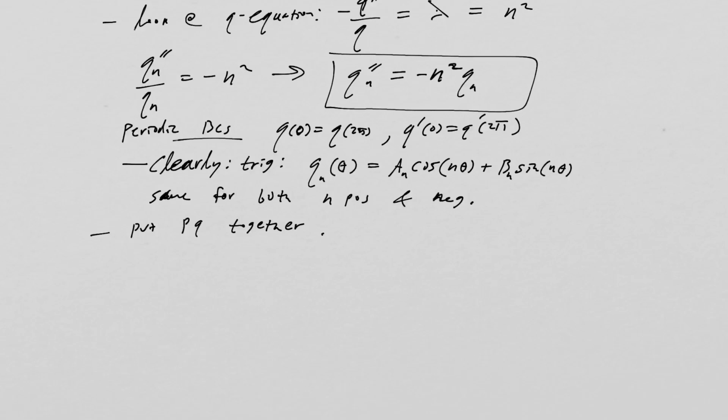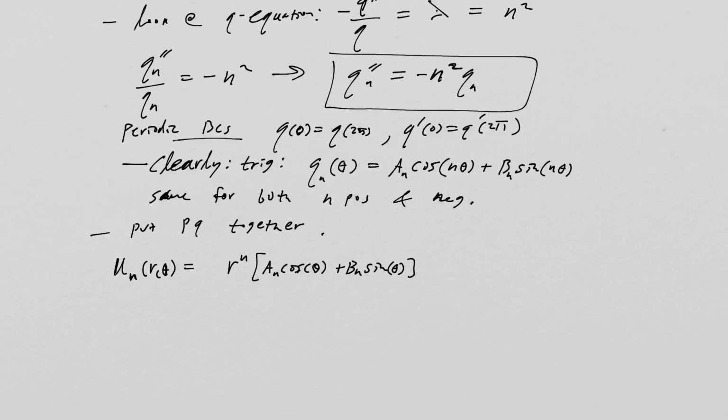So what we can do then is we have the following. So first off, we do seem to have a little thing going on here. So Un of r comma theta is going to be equal to r to the n times an cosine n theta plus bn sine n theta.